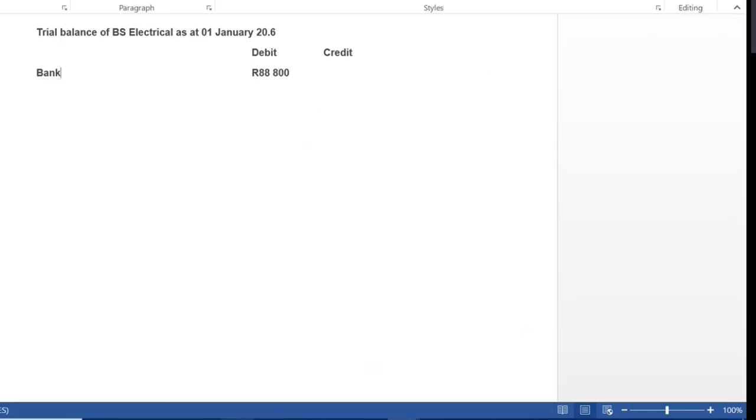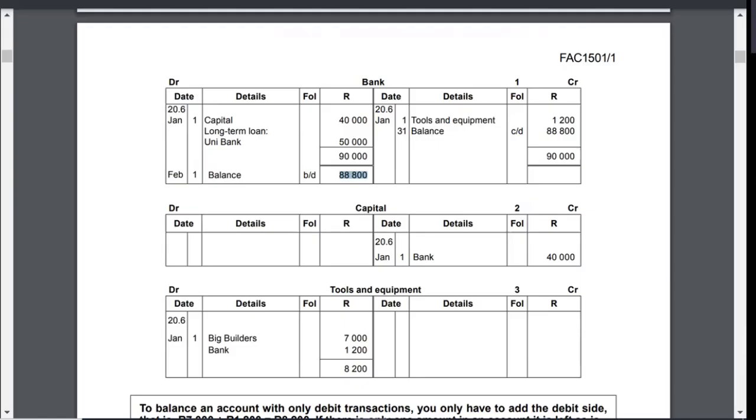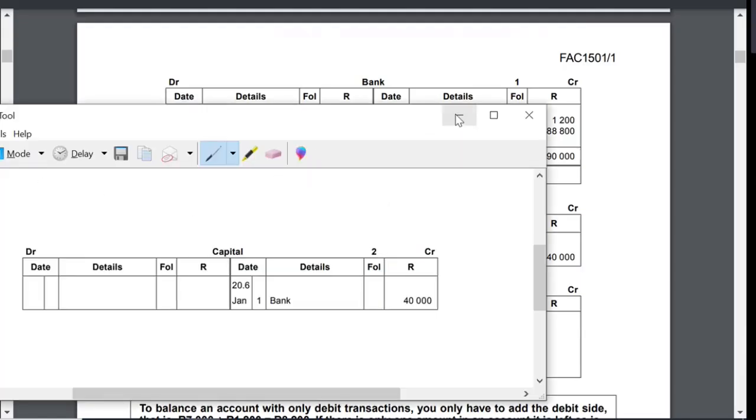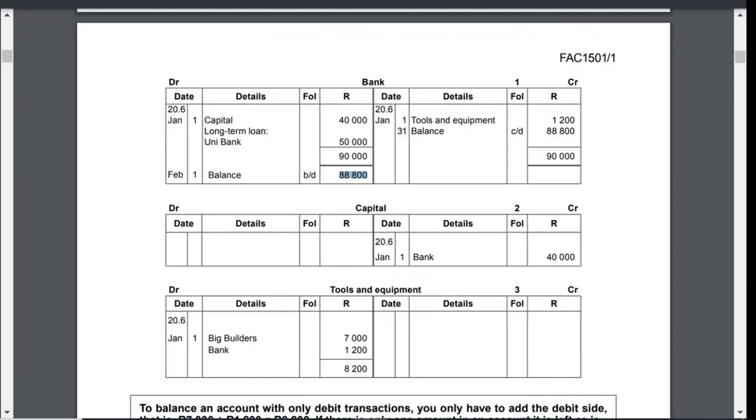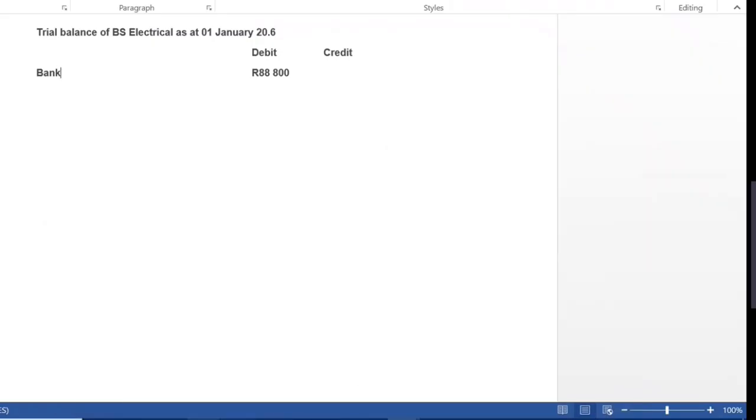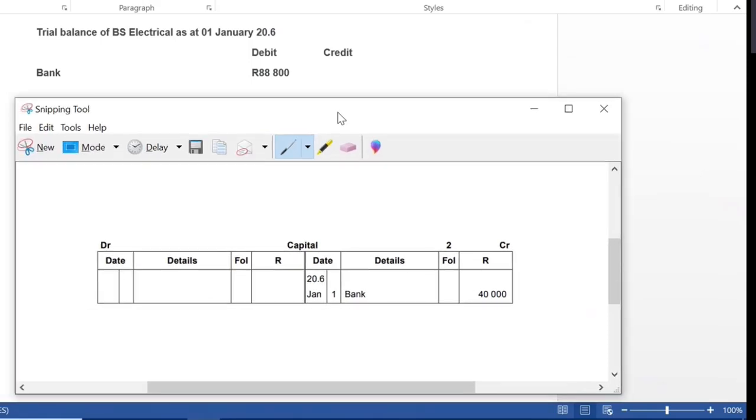The balance of this capital account is 40,000.